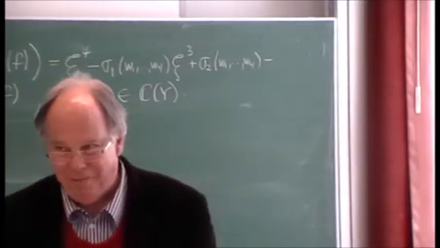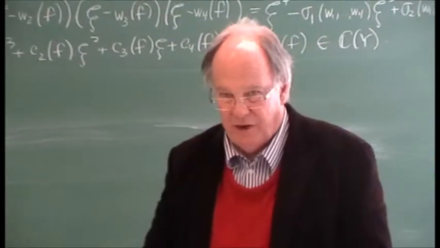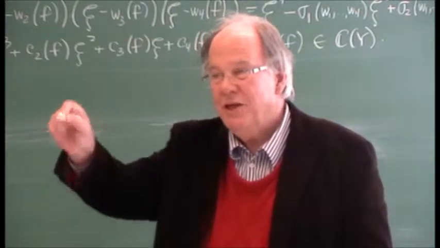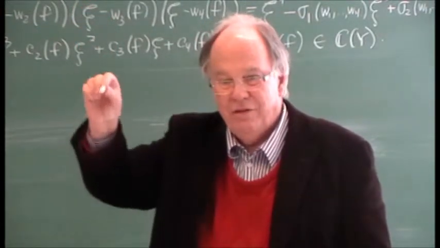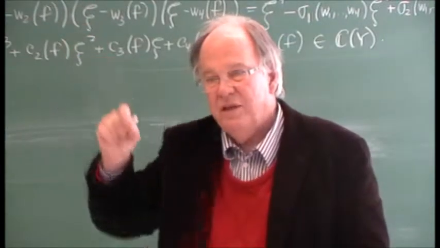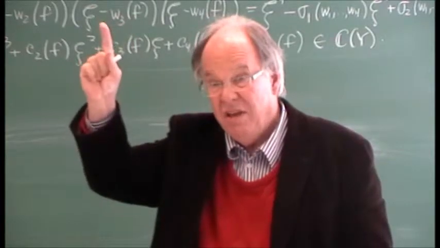I proved the theorem. Given a function upstairs, it satisfies a monic polynomial of degree at most d, where d is the degree of this mapping. I've shown that the upstairs field is an algebraic extension of the downstairs field of at most degree d.